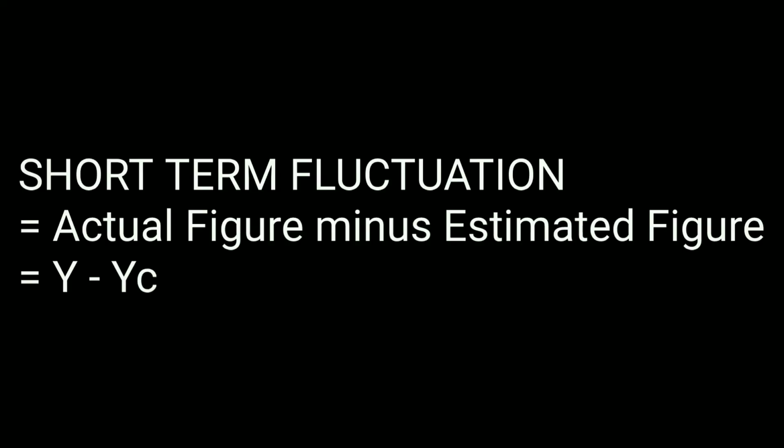Now students, the two questions have already been solved. Now what is short-term fluctuation? Sometimes you may be asked to show the short-term fluctuation. It is not a big or too difficult concept. You just have to calculate the difference between the actual sale and the estimated sale, that is, the difference between y and Yc.